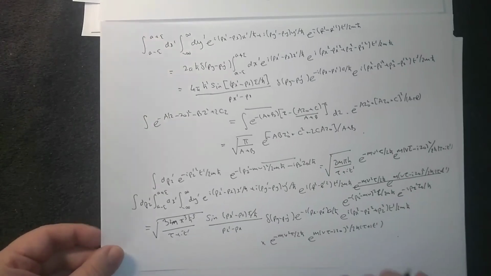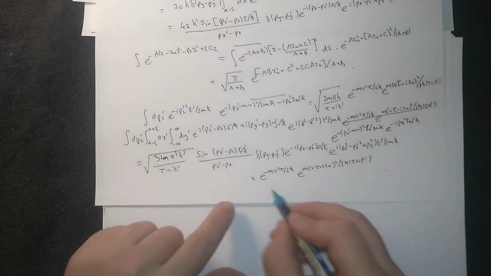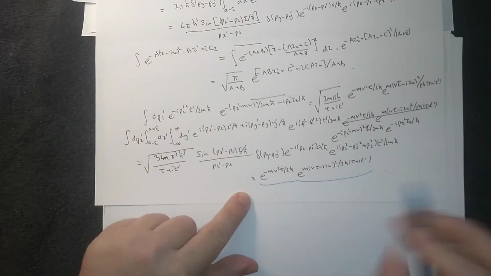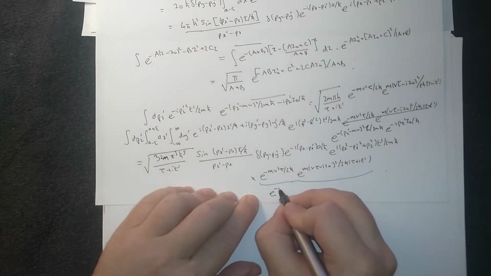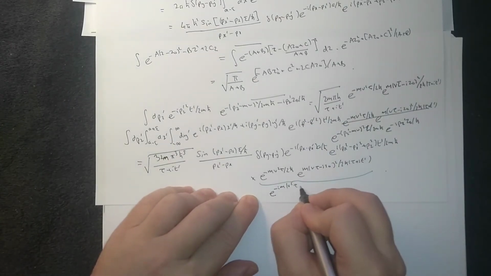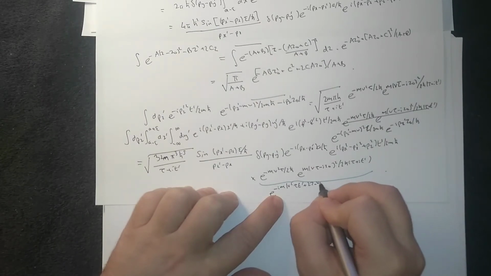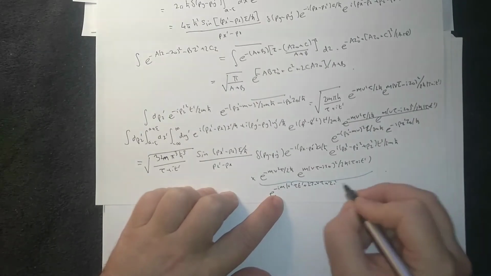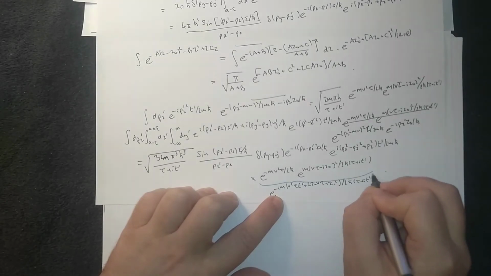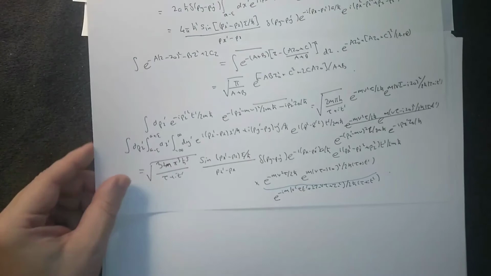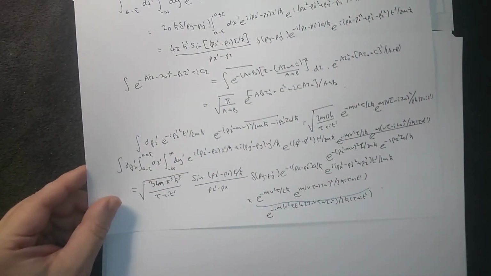We can do something with this last term here. That's the same thing as e to the minus i m (v squared tau t prime plus 2 z naught v tau plus z naught squared) over 2 h bar (tau plus i t prime). Just connecting all of these things together.